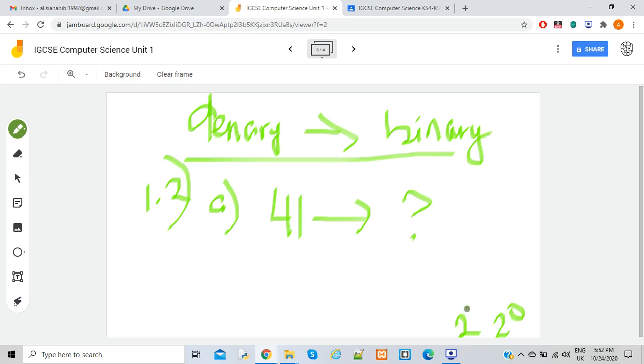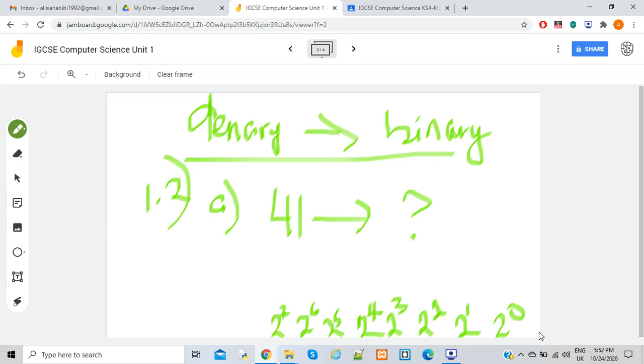So 2 to the power of 0, 2 to the power of 1, I'm going to write them at the bottom here. 2 to the power of 2, 2 to the power of 3, 2 to the power of 4, 2 to the power of 5, 2 to the power of 6, 2 to the power of 7.